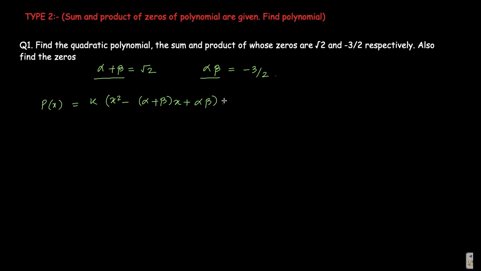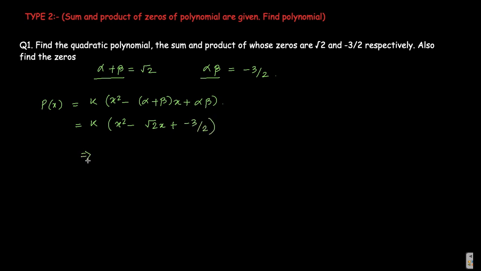Now k, what is x square? x square minus alpha plus beta, which is root 2, into x plus alpha beta, which is minus 3 by 2.